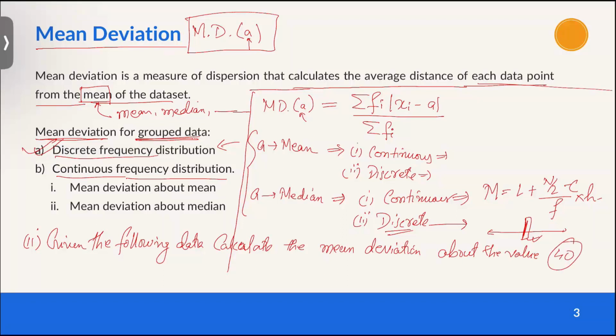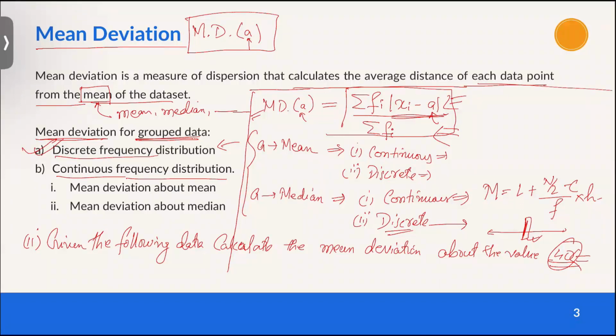So this a you are given as 40, and in the table which you will draw, you will take the absolute deviation from the value 40 and everything else will be the same. You have to calculate the numerator and the denominator, and then you can easily calculate the mean deviation about that value a.